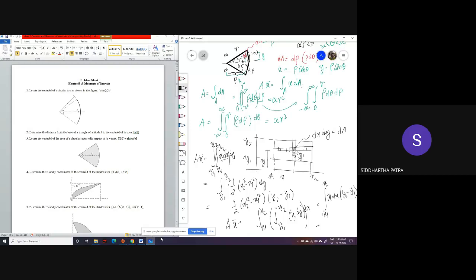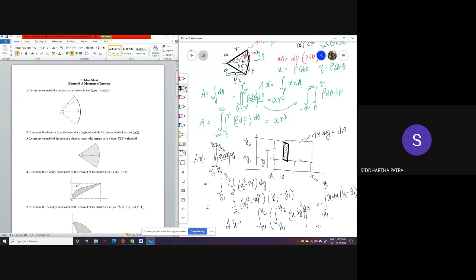When we are done integrating with respect to y, the y part is no longer there. So this y2 minus y1 times dx is basically this area.